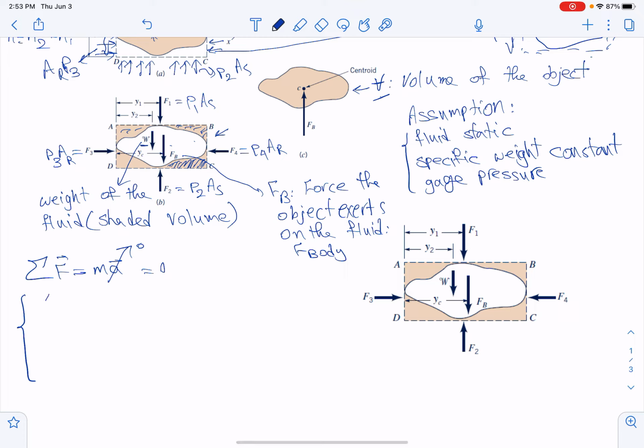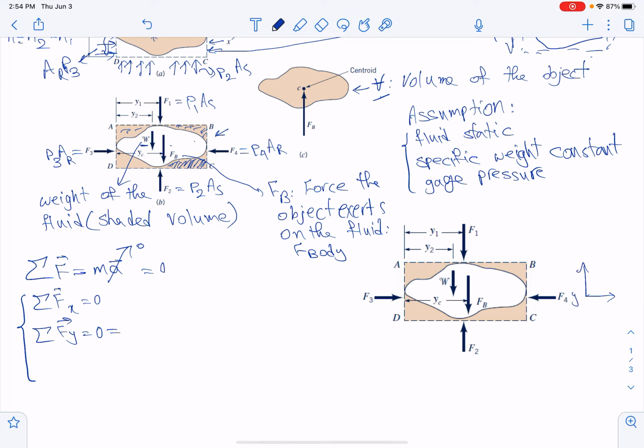So then we're going to say that sigma F in x direction is 0, and then sigma Fy is equal to 0 also. We have F1, whose direction is down, so it's going to be, oh sorry, this is y. Let me show you where y and z are.